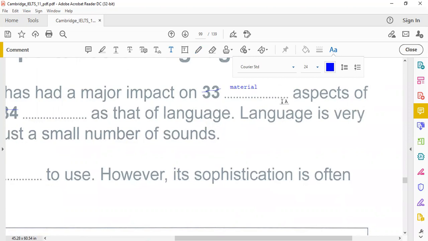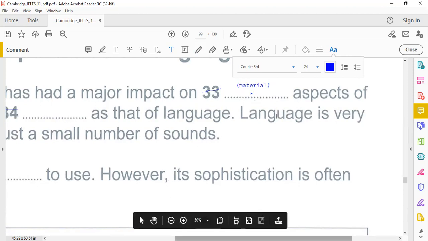M-A-T-E-R-I-A-L, material, okay? I have put a bracket on both sides of this word because we don't write material in the answer. There we write letter E. E is the right option. I have plenty of space, that's why I am writing E on that. Okay, now we come to the next question.